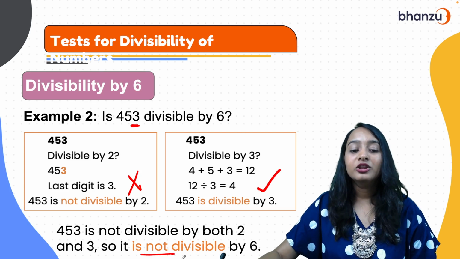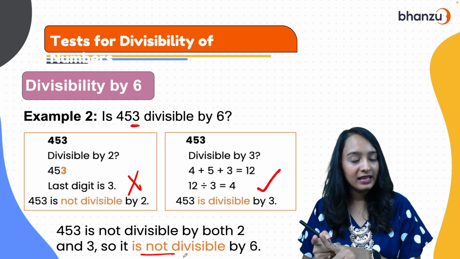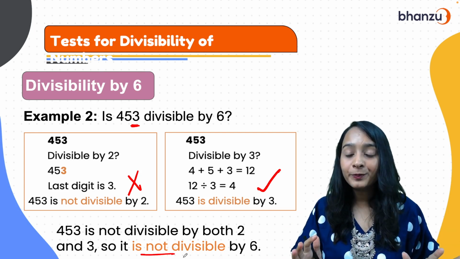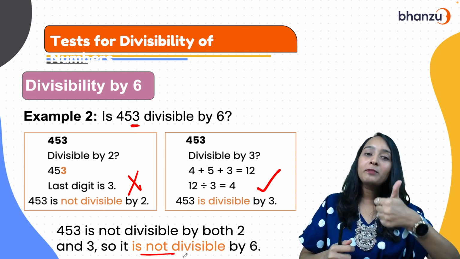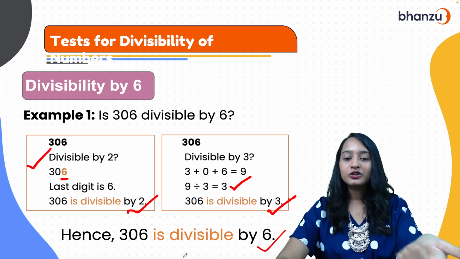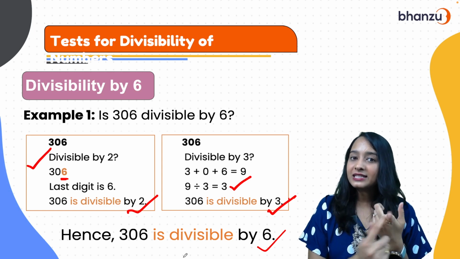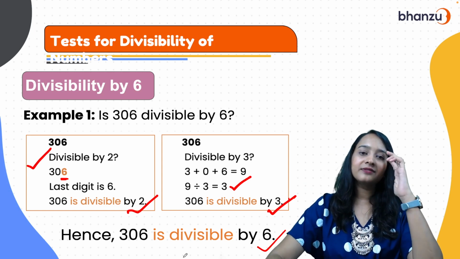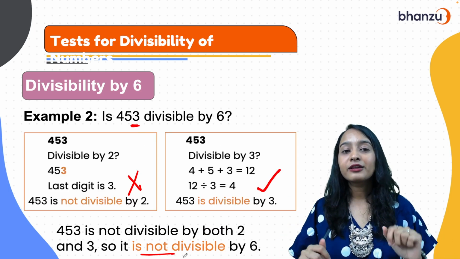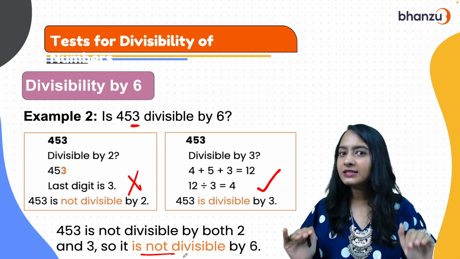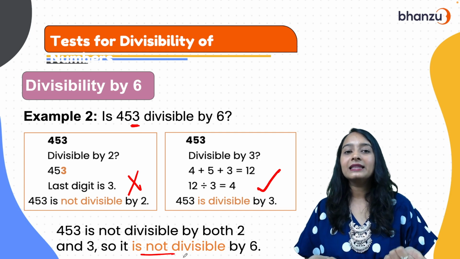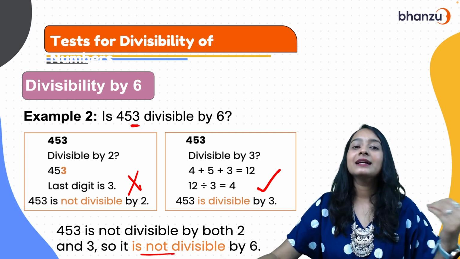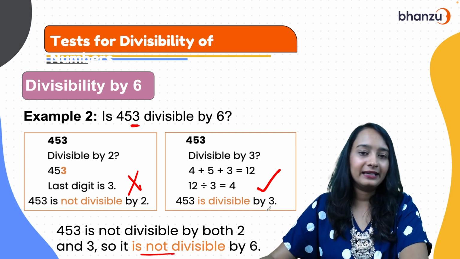No. Why? Though it is divisible by 3, it is not divisible by 2. So it has to be divisible by both 2 and 3. As you can see in this one, 306 is divisible by 2. It is also divisible by 3. So it is divisible by 6. In this case, 453 is not divisible by 2. So you can say that it is not divisible by 6. Though it is divisible by 3 here.